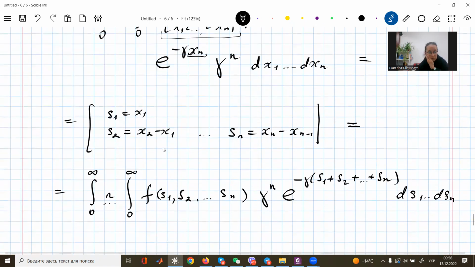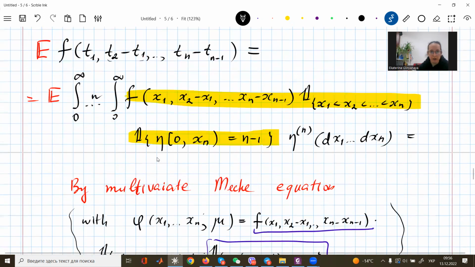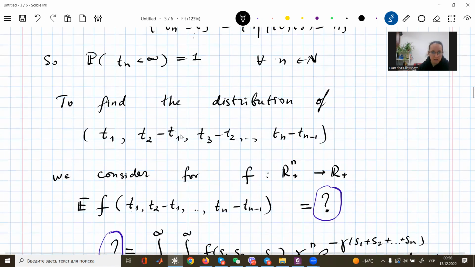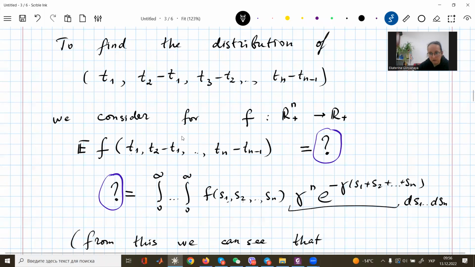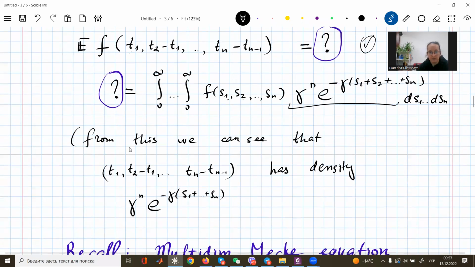This was our aim at the beginning of the proof. I just recalled that we proved this. So from this, we can see that this random vector has this density. So these values are independent and exponentially distributed with parameter gamma.